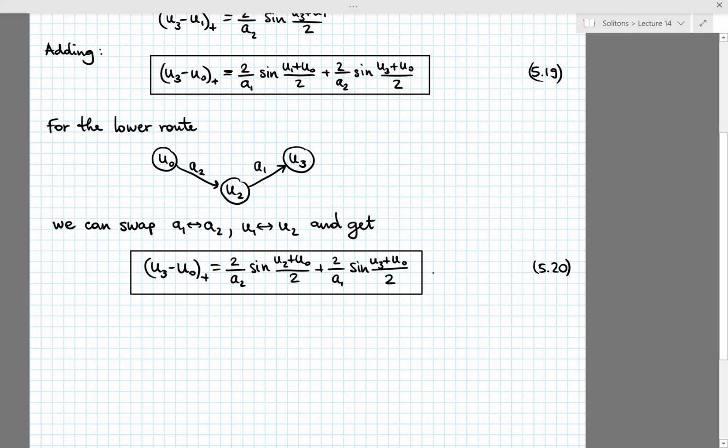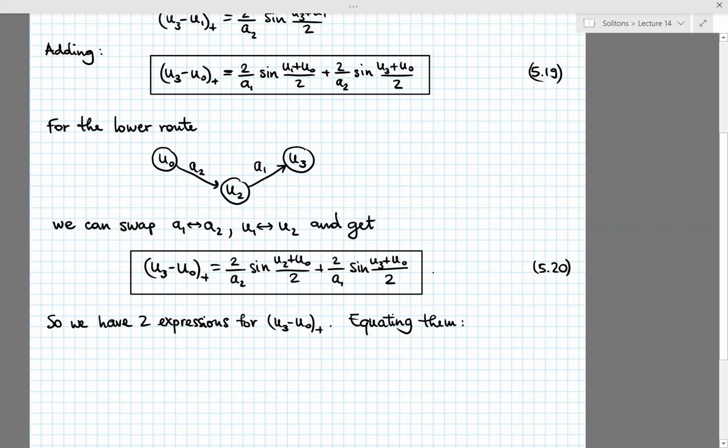So we have two expressions for u3 minus u0 differentiated with respect to x plus, given by 5.19 and 5.20. And by equating them, we'll get an algebraic relation between the right-hand sides.